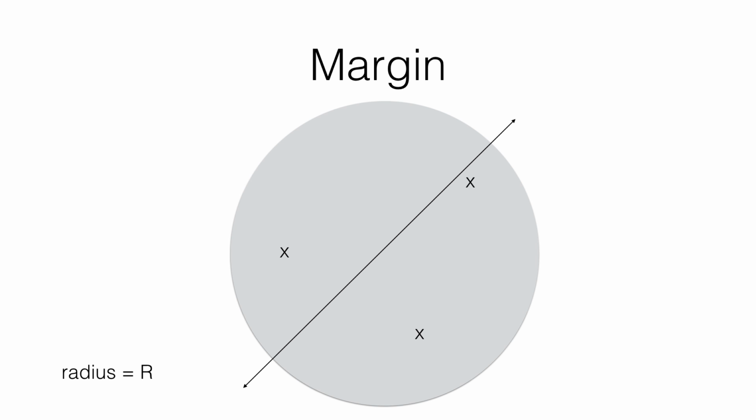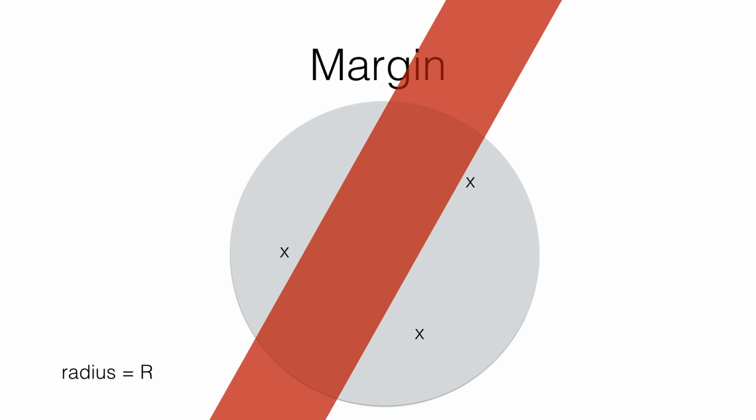But remember, the argument behind SVM was that we're going to make it actually harder to classify points by requiring that they're classified by a margin. So they have to be classified essentially by a really thick linear classifier.